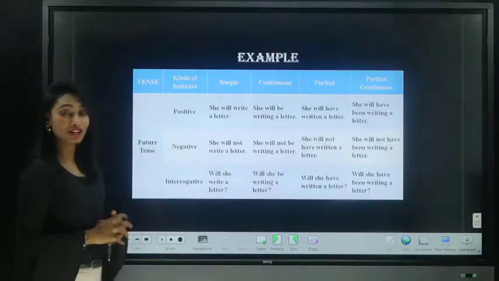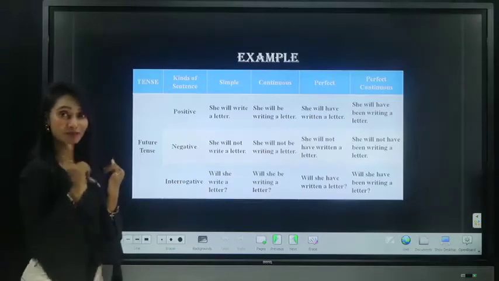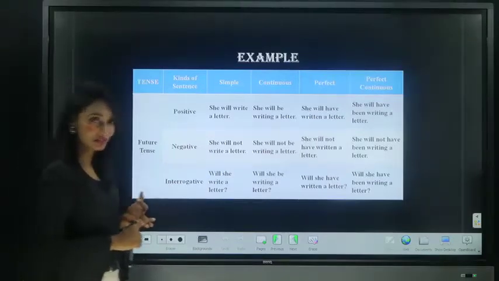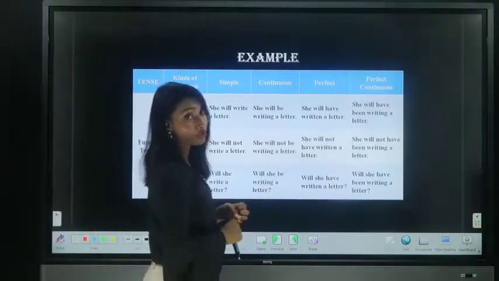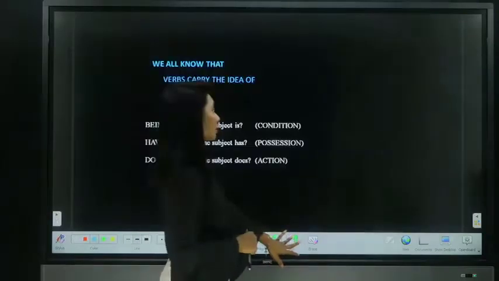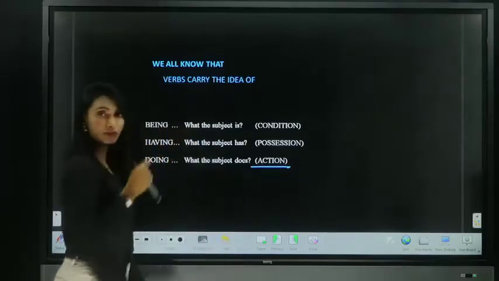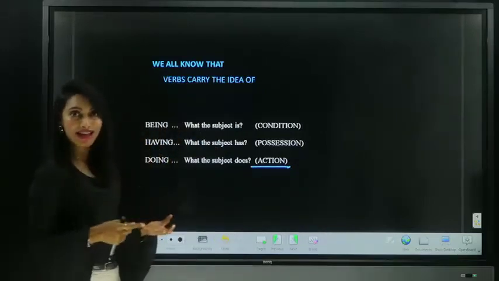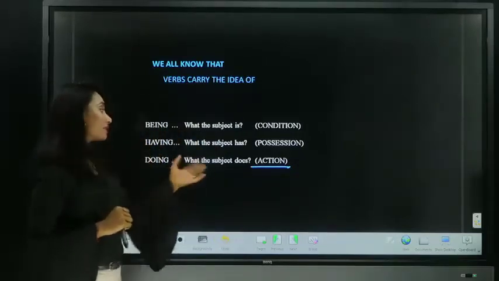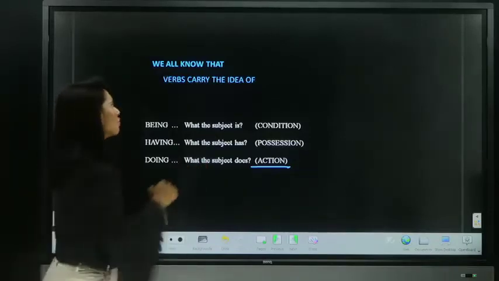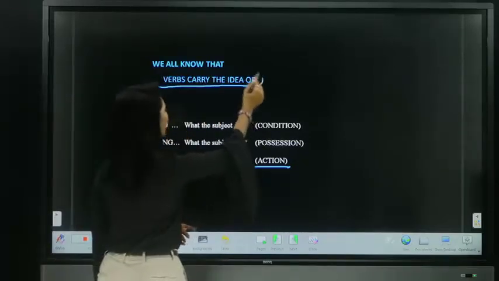So we have done with present, past, and future tenses. But guys, so far what we discussed are only for the verbs of action. Play, sing, write, type, whatever. But we know verb doesn't mean only action.